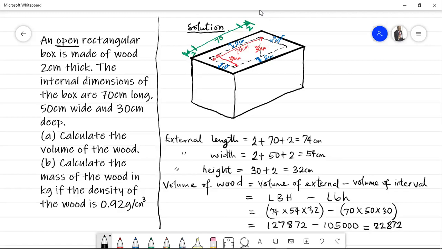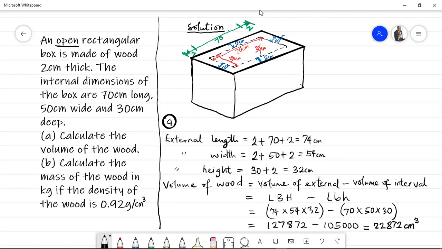Remember, centimeter cubed still remains the unit of our volume. I think that is okay for us for the volume, which solves for question A of this example.